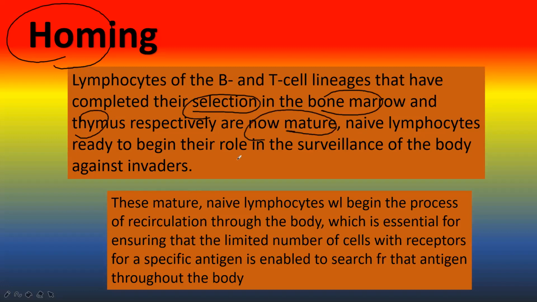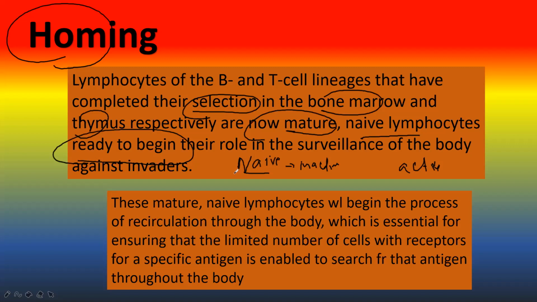What is the meaning of naive cell? Naive means they are mature but inactive. The word naive is the opposite of active. So the naive lymphocytes are ready to begin their role, ready to begin defense.